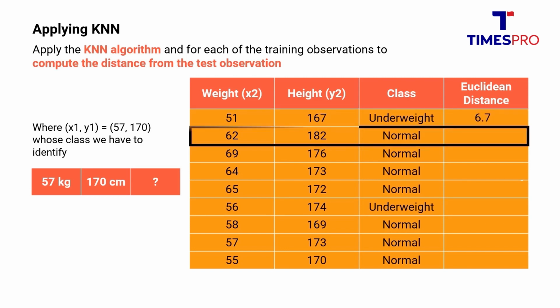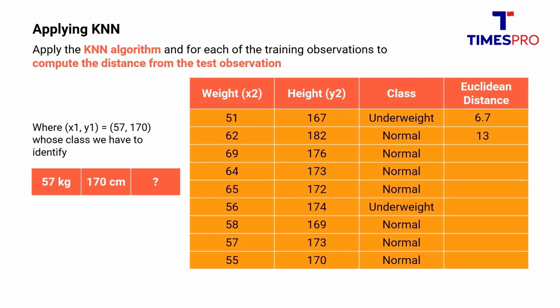Then 57, 170 with 62, 182, we get the distance as 13. 57, 170 with 69, 176, we get the distance as 13.4 and so on. We calculate each of the distances between the test observation and the training data points.